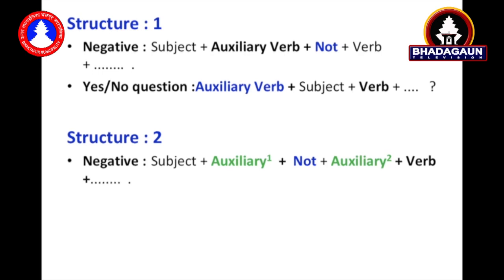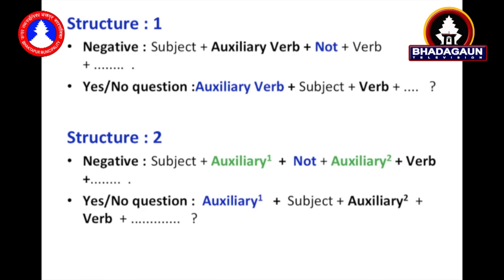Let's move to another example. To change an assertive sentence into a yes/no question, the first auxiliary is placed before the subject, or the sentence begins with the first auxiliary verb. So here, not is added next to the auxiliary verb to make the sentence negative, and the auxiliary verb is placed before the subject to make the sentence a yes/no question.